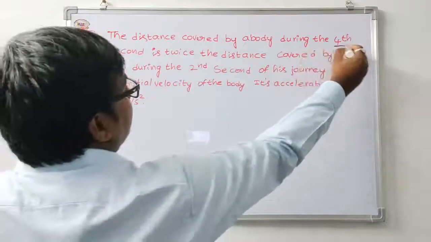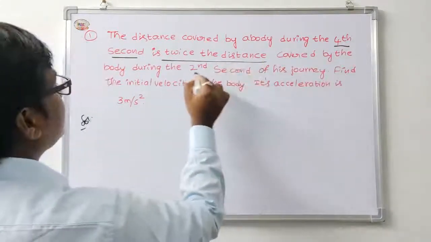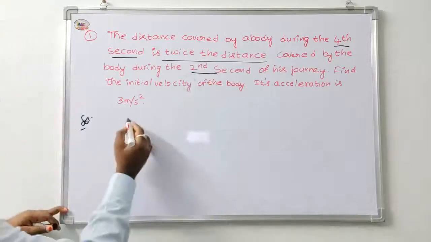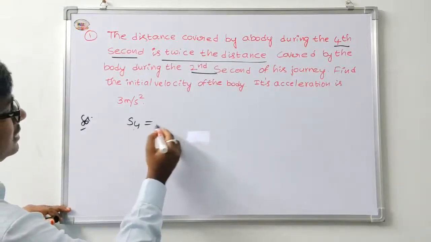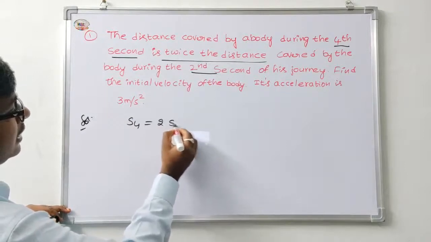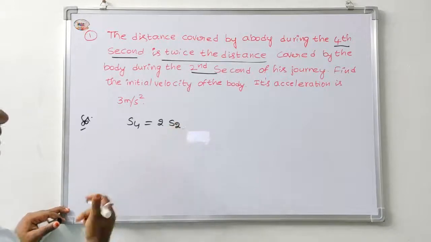The fourth second is twice the distance traveled in the second second, that is, S4 is equal to 2 into S2, the distance traveled in the second second.